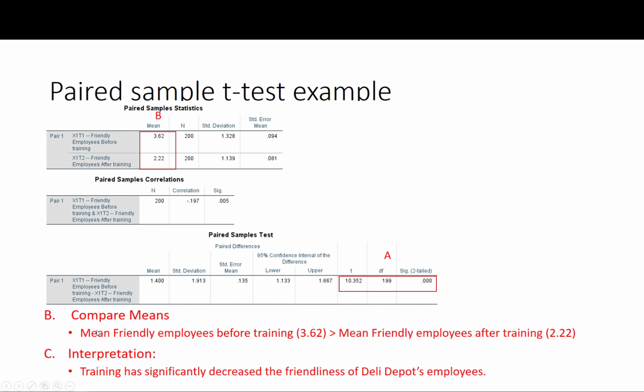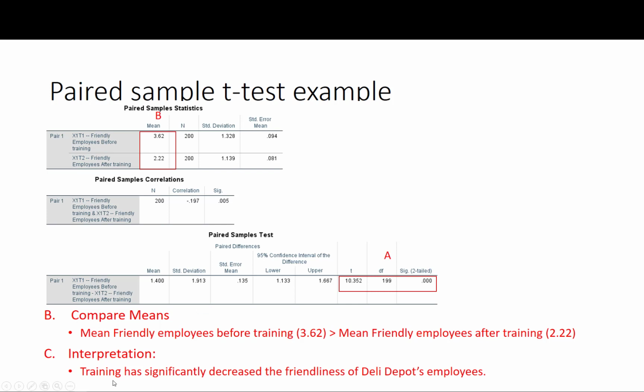So therefore we then go to step B, which is we need to compare means, which is shown in the top table, where we can see that the before training measurement of friendliness of the employees is 3.62, whereas we see that after training, or in our second time period after our staff has been trained, the customers perceive the friendliness of employees is actually less at 2.22.